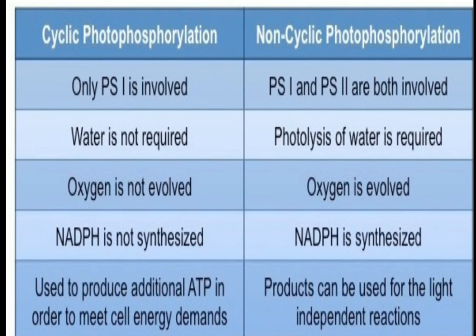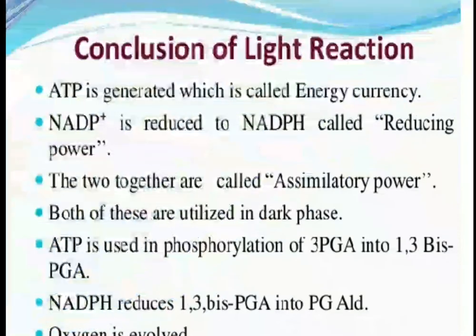Now, after cyclic and non-cyclic photophosphorylation, let us conclude what happens at the end of the light reaction. First, ATP is generated, which is called the energy currency for the next process to take place. NADP is reduced to NADPH, hence this is called the reducing power because hydrogen is added.